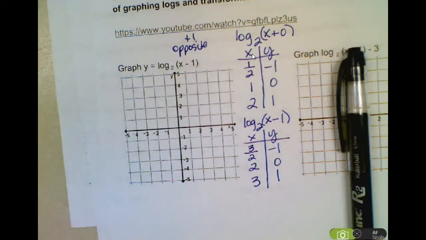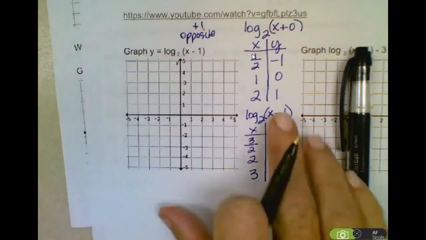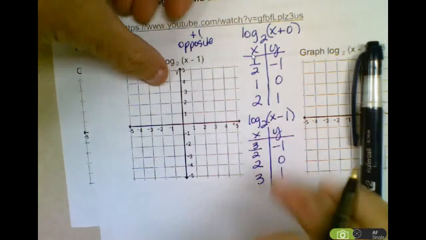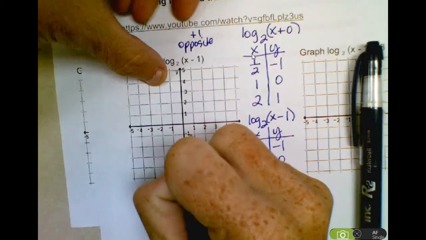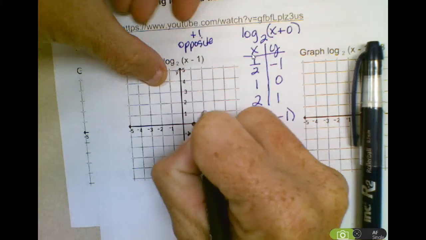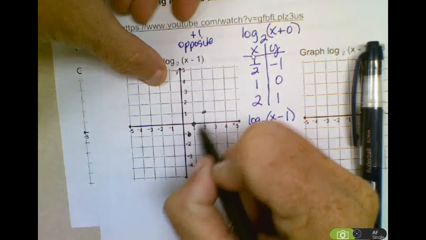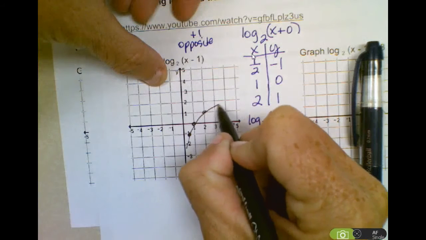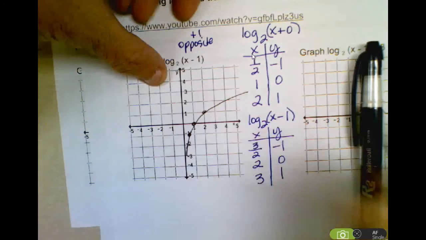Let's graph both just so you can see a comparison of what's going on. Let's graph the first. We'll just graph our log 2. So 1/2, -1, 1, 0, and 2, 1. That was our log of 2x graph.